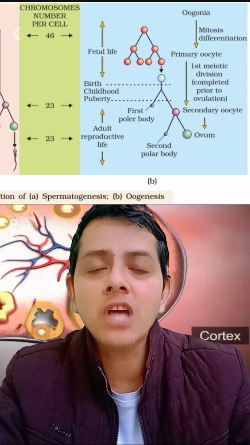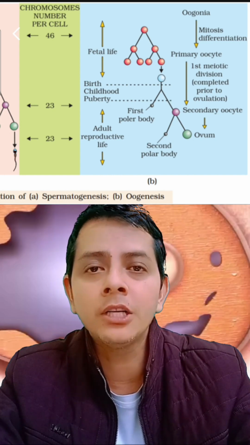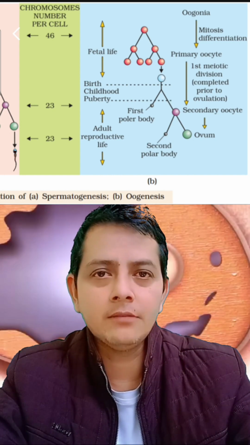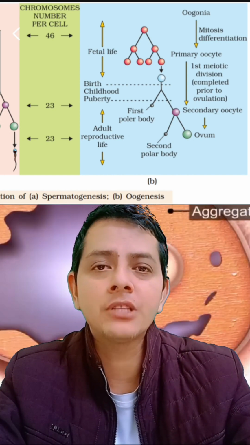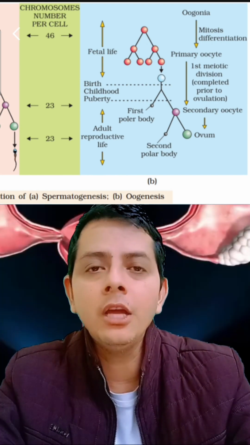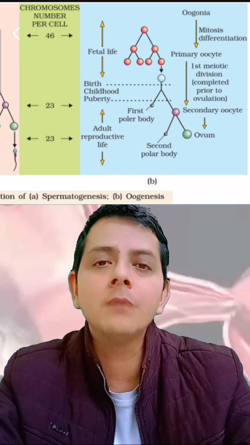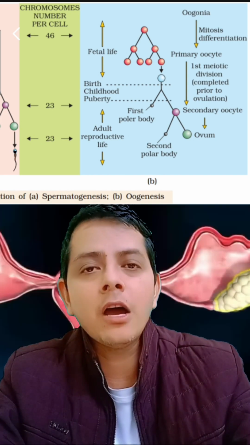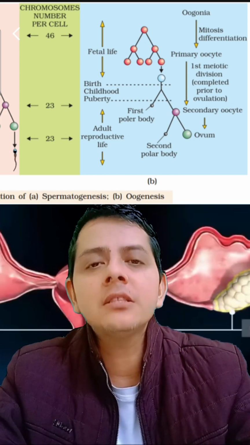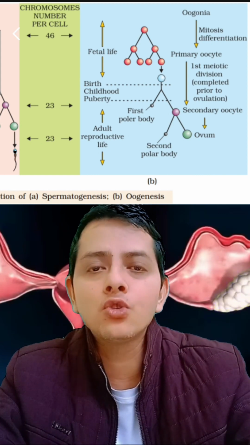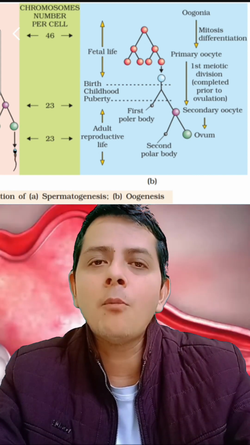Why? Because from childhood till she reaches the age of puberty, the cell is in a pause state. Development does not happen, but at the time of puberty, one egg from each ovary starts developing further, and it becomes a secondary oocyte and a first polar body. This secondary oocyte then undergoes the second meiotic division to form the ovum.